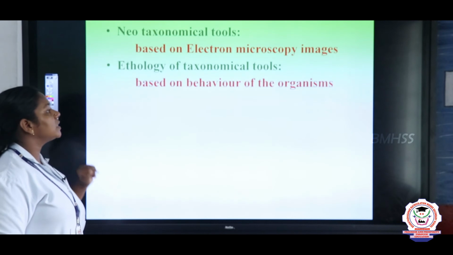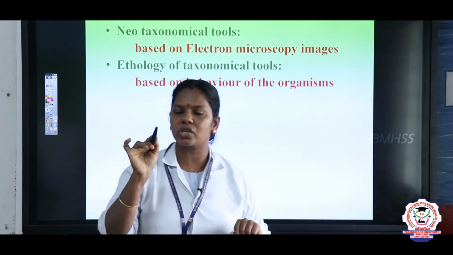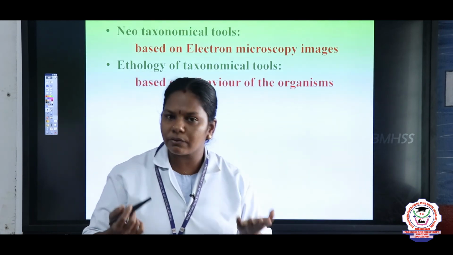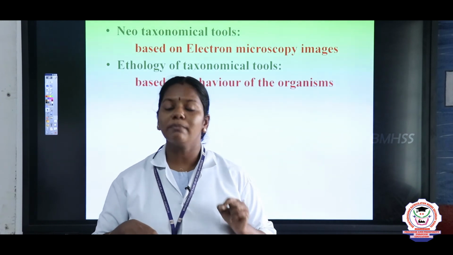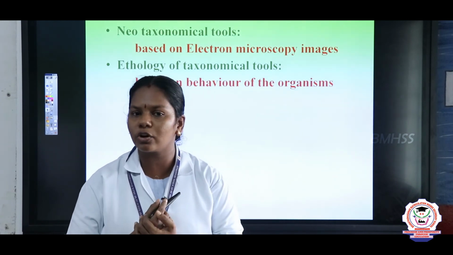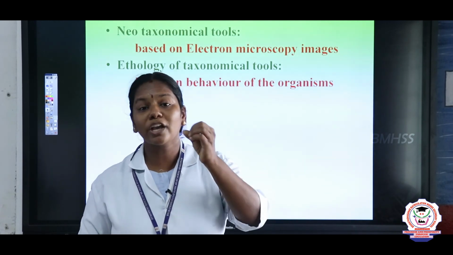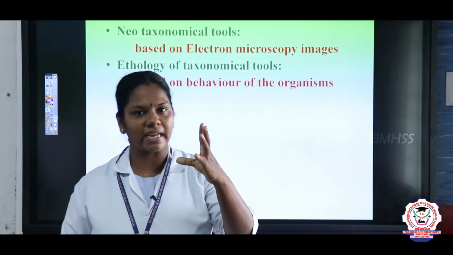And next one is ethology. Ethology is the study of behavior. Underline and write, children. Ethology is the study of behavior. Every organism has a special character. For example, the comb jelly. How will you identify the comb jelly? Suddenly if you see a comb jelly, you will remember its bioluminescence. It emits light at night.